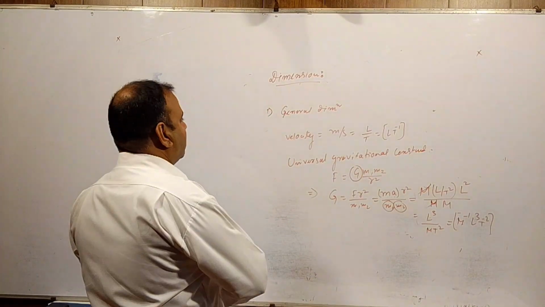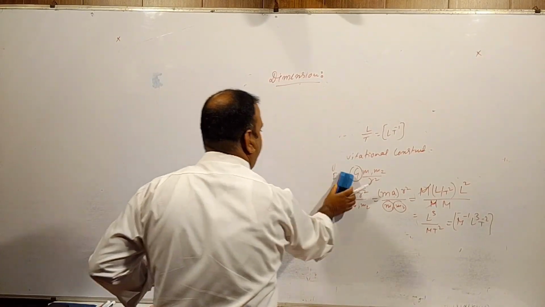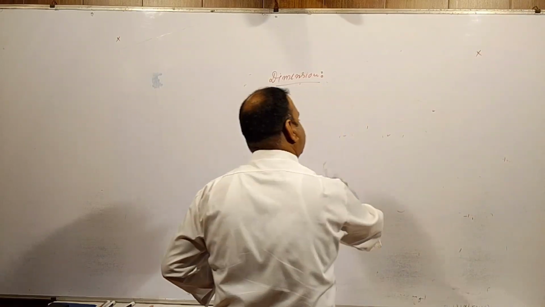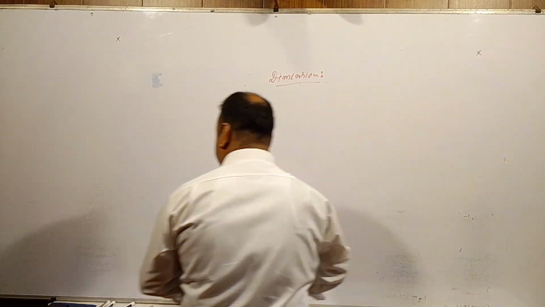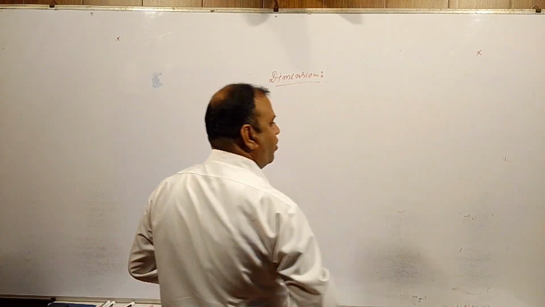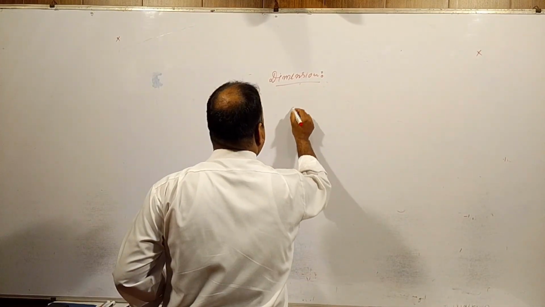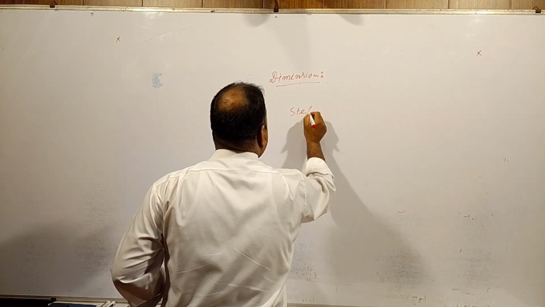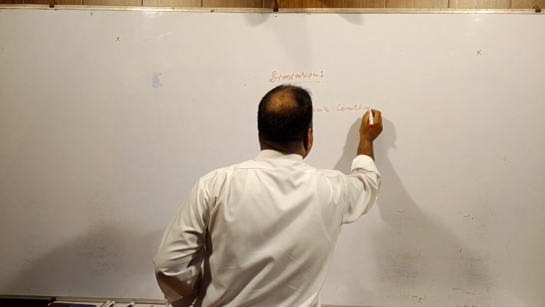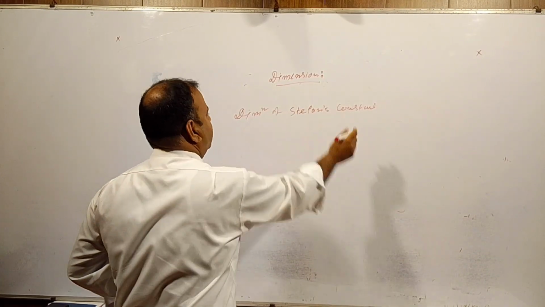For example, this is one question I am discussing from your CEE exam, BSc nursing course. One question is given in 2024. You can see: dimension of Stefan's constant.